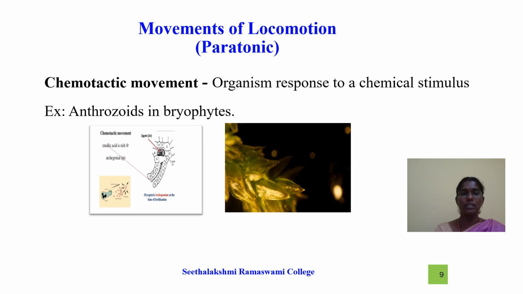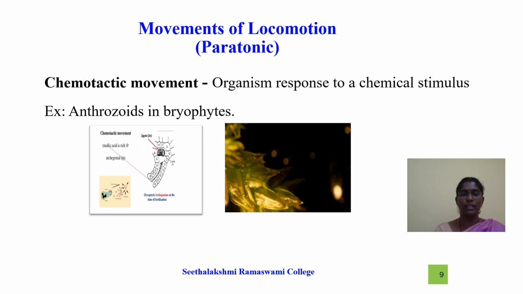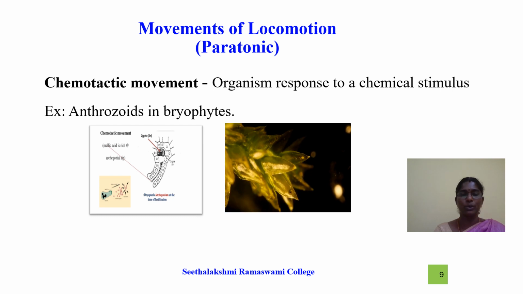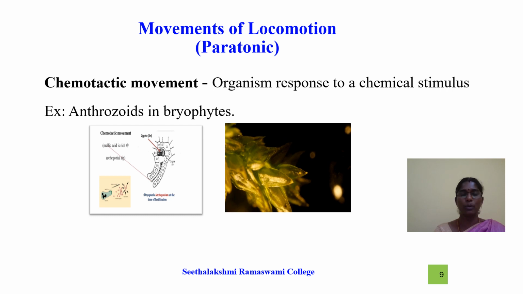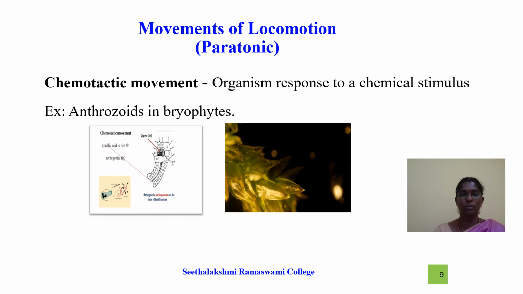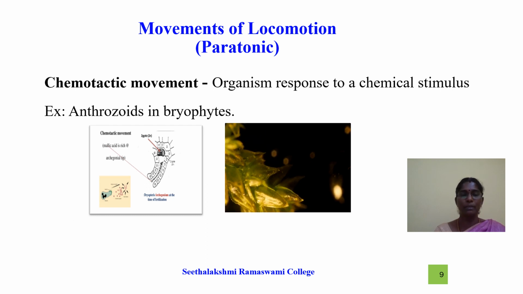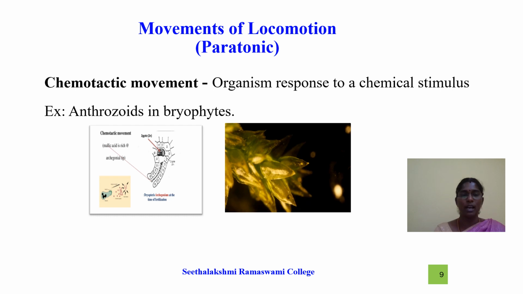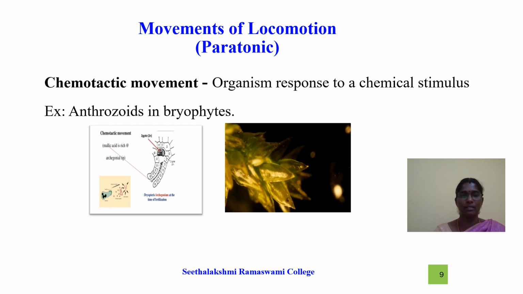Example, movements of antherozoids in bryophytes. The female reproductive organ produces sucrose or malic acid. The male gametes respond to these chemicals and move from the male reproductive part to the female reproductive part. After reaching the egg cells, they are involved in the process of fertilization.